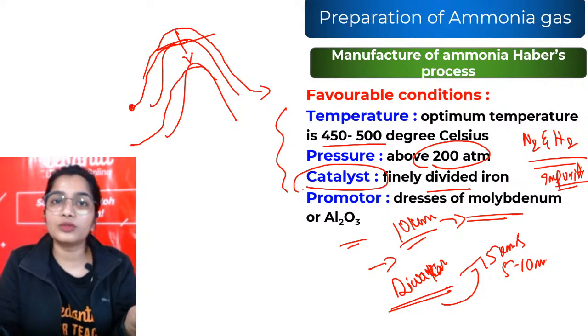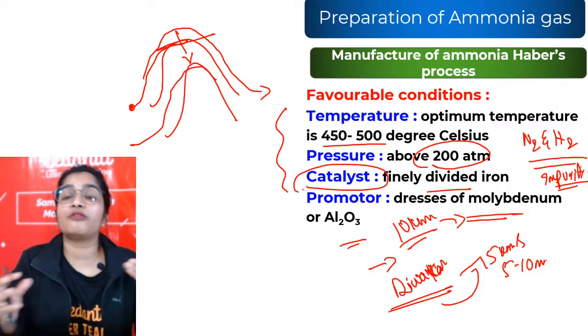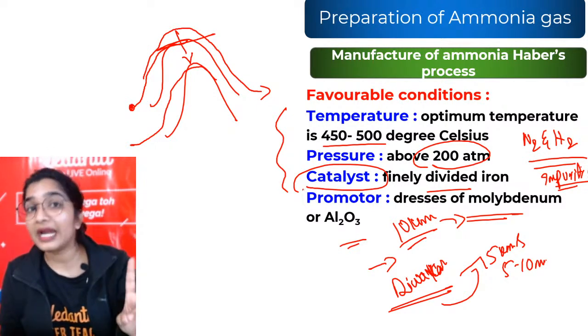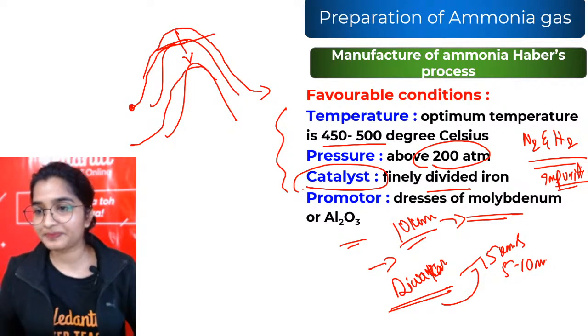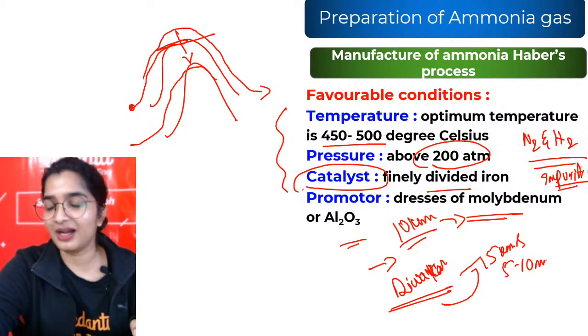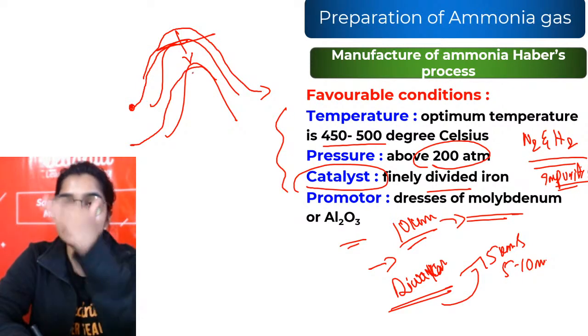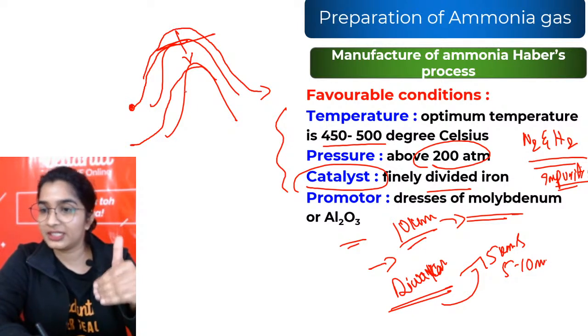Then what is the use? For this reaction, especially for a few reactions, the role of the catalyst is very important. So make sure that the nitrogen and hydrogen are free of impurities. As I told you, the catalyst just brings down that threshold energy.